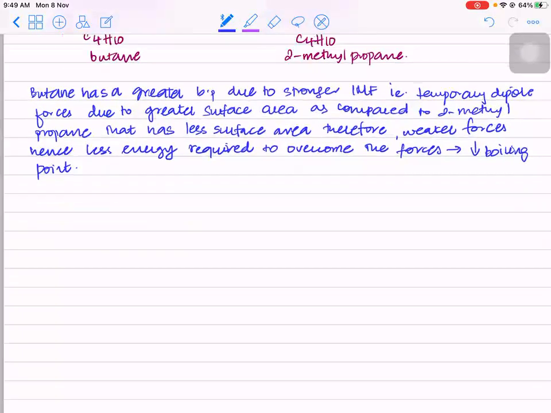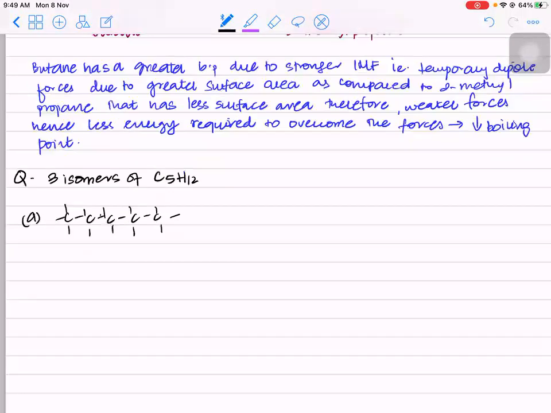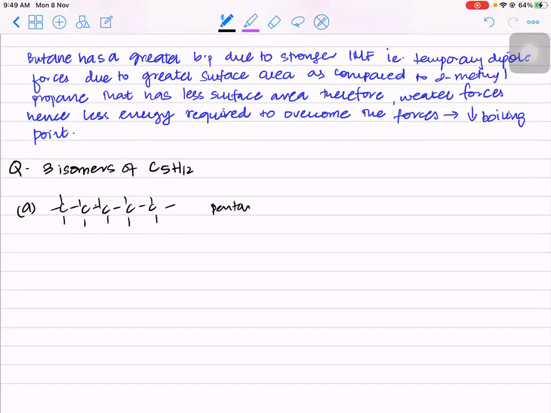Let's see this now. If I give you 3 isomers of C5H12. First one is a straight chain 5-carbon pentane. This is the first one, pentane. Then you have the second one, which is 2-methyl butane.